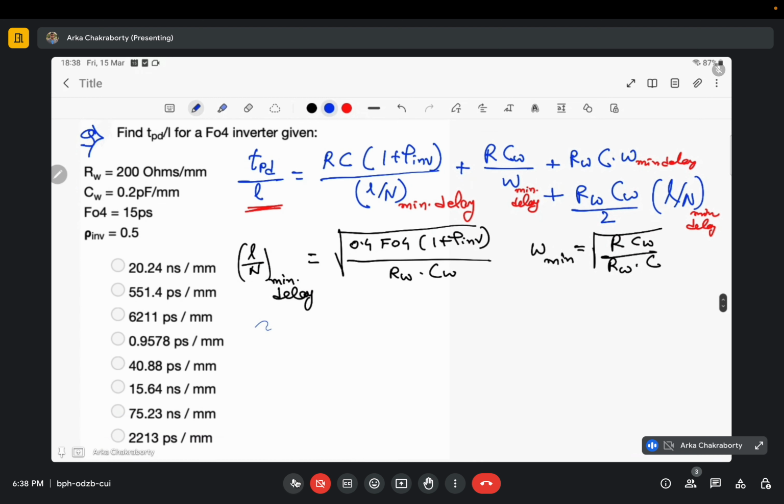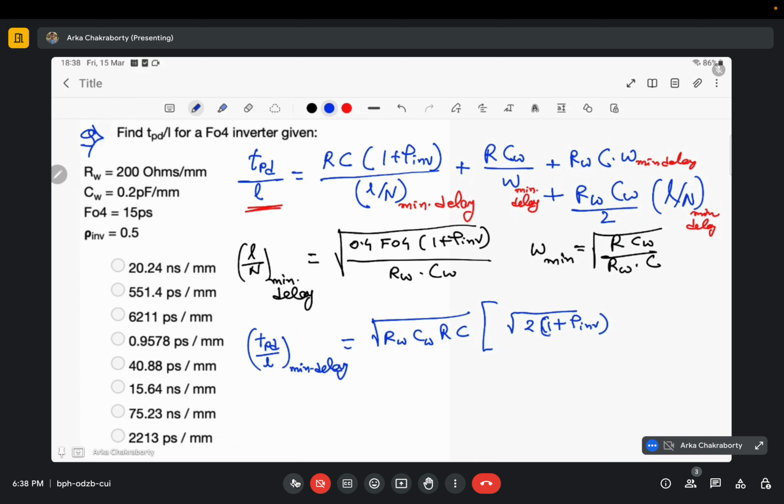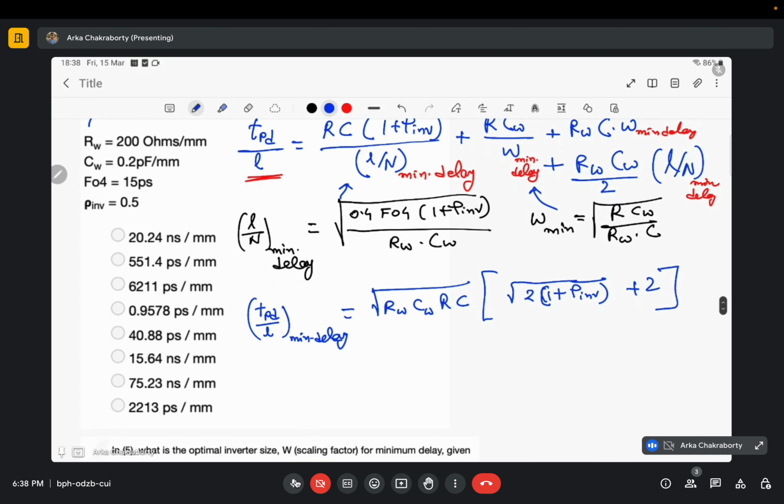So my TPD by L expression for minimum delay condition gets reduced to root under RW CW RC, root under 2 into 1 plus rho inverter, plus 2. So if you put these values here and solve it, you will get this expression of T propagation delay per unit length for minimum delay condition.